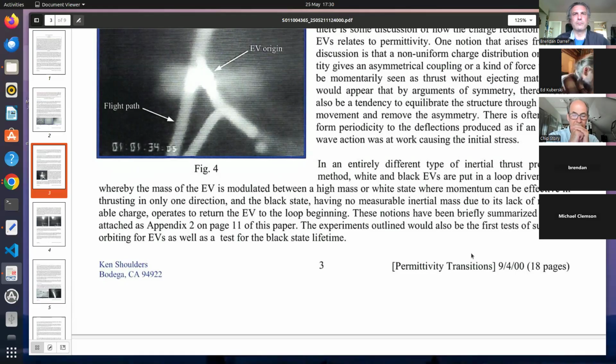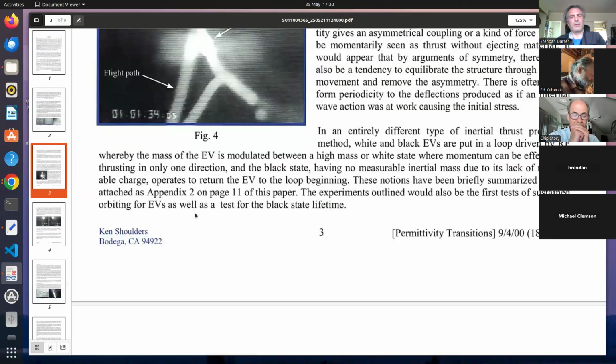White and black EVOs are put in a loop driven by RF, which is radio frequencies, whereby the mass of the EV is modulated between a high mass or white state, where momentum can be effective in thrusting in only one direction, and the black state having no measurable inertial mass due to its lack of measurable charge, which operates to return the EV to the loop beginning.